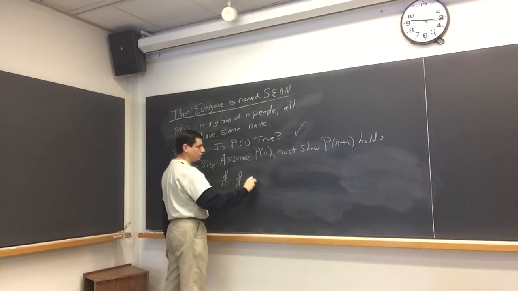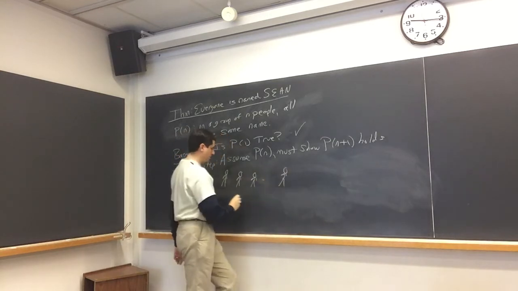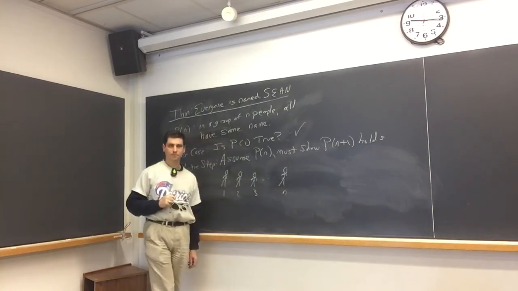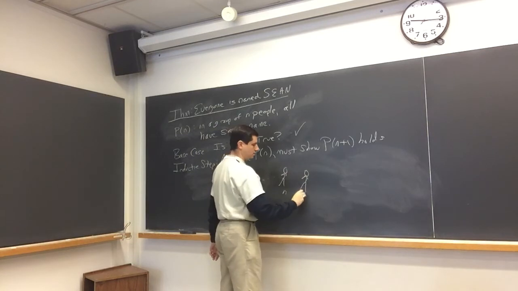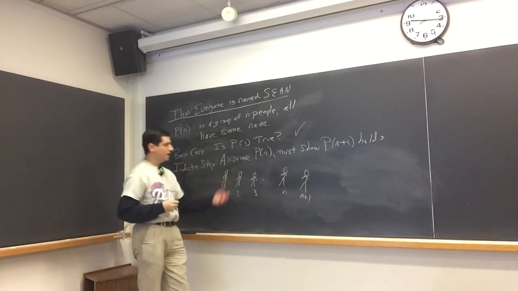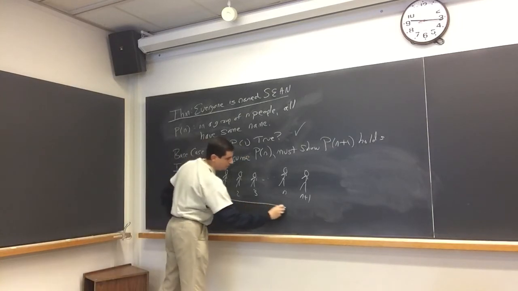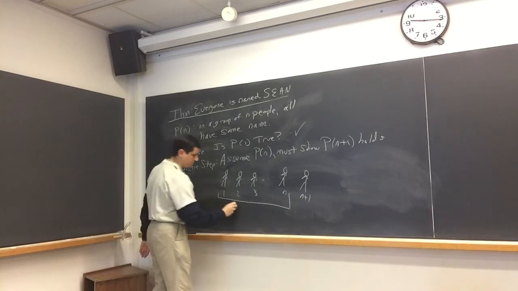Now, I believe all of these people are named Sean or whatnot, but for now, I will just give them the names 1, 2, 3, and then I'll just label them. And now let's look at, now I know in any group of n people, by induction, they all have the same name. So what can you tell me about these n people? Same name.